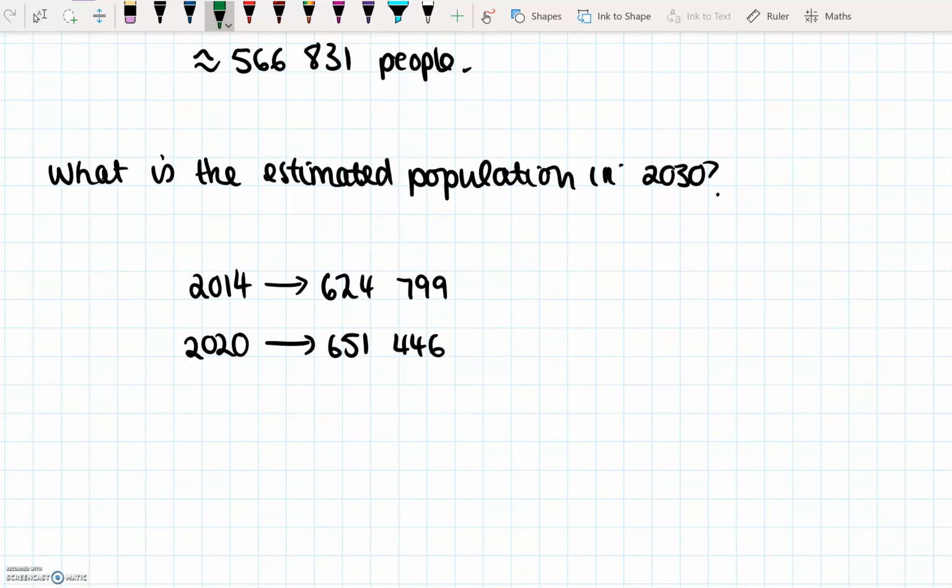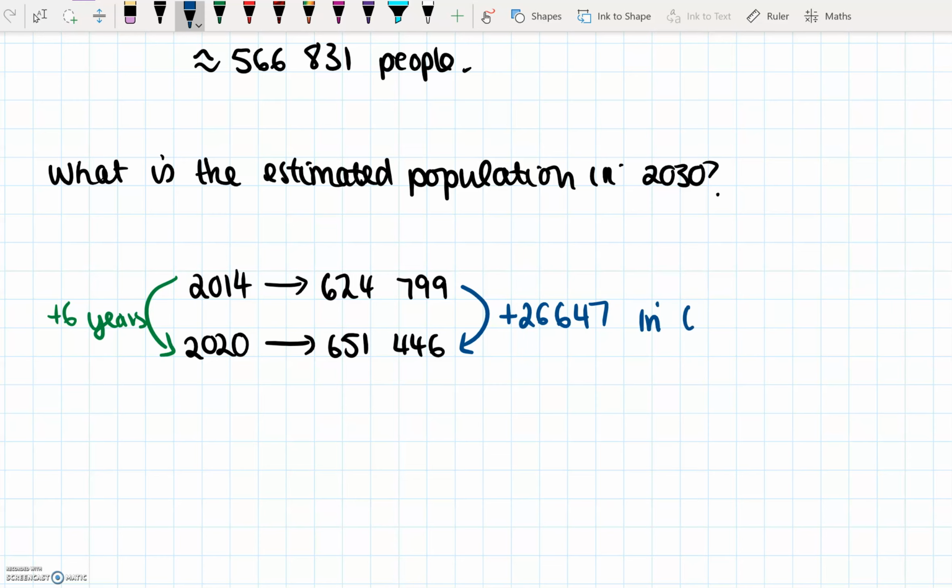Okay, so this was a change of plus 6 years, and we want to know 2030. And on the other side, we had a change of 651,446 minus 624,799, which is plus 26,647. This is the change that we had in 6 years.